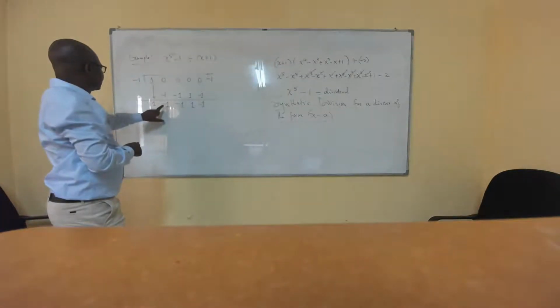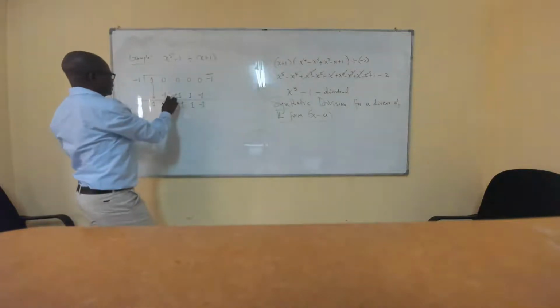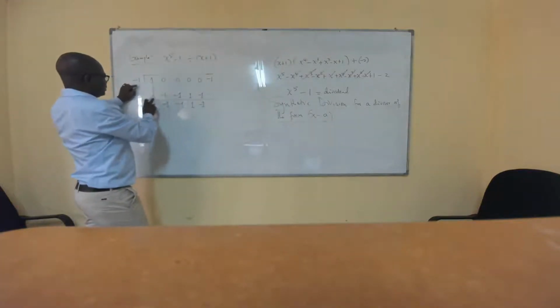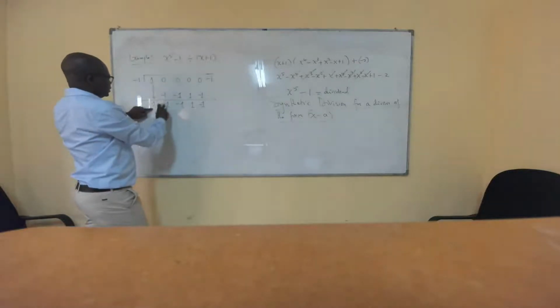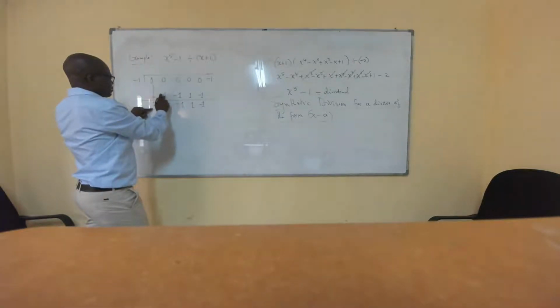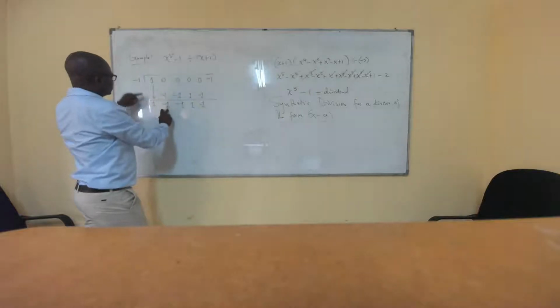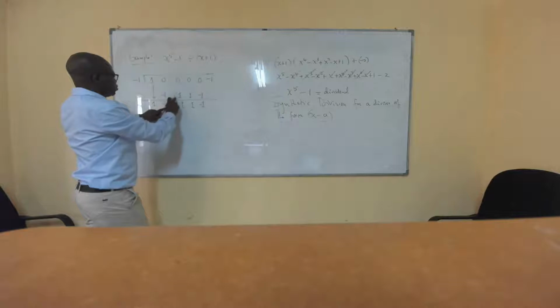Just a moment. There's a mistake here. Because we said bring down, this time this minus 1, we write it here. Then when you add this minus 1, minus 1 times negative 1 is supposed to be 1.